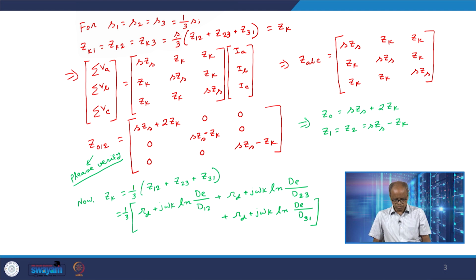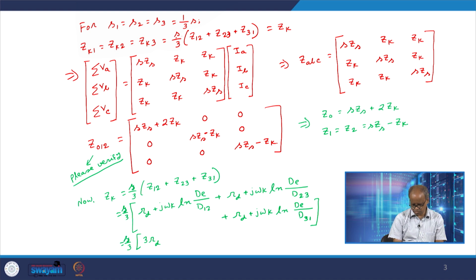Just simply substituting the expressions of Z12, Z23 and Z31, I can say that it is 1 by 3 into 3 Rd plus j omega k.